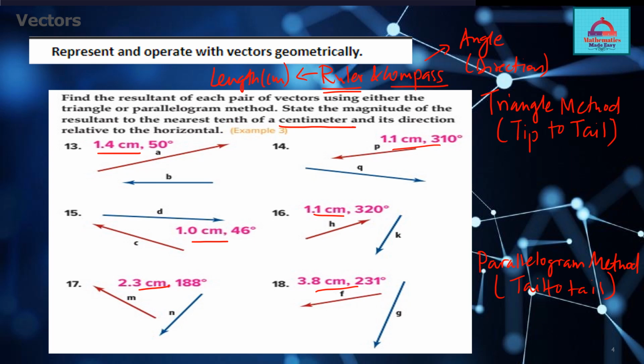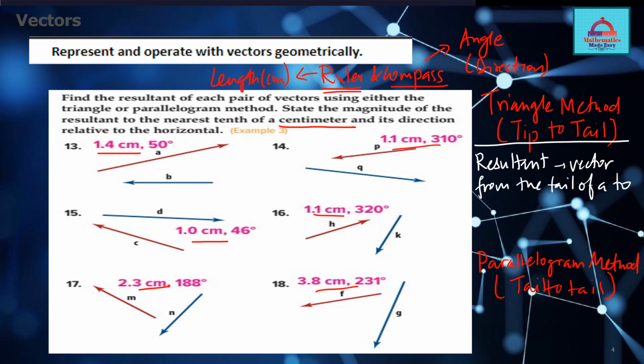In these two methods, basically the important point is that the resultant is the vector from the tail of A to the tip of the B vector.